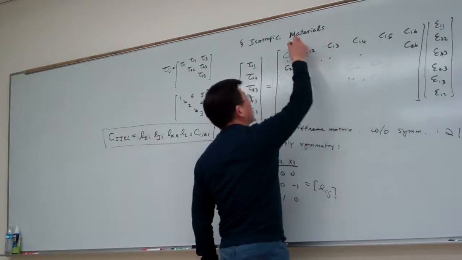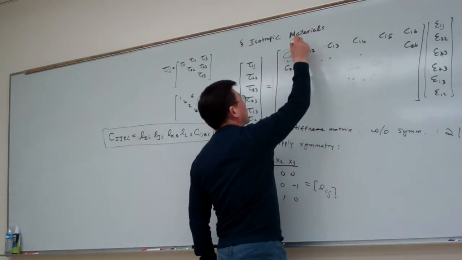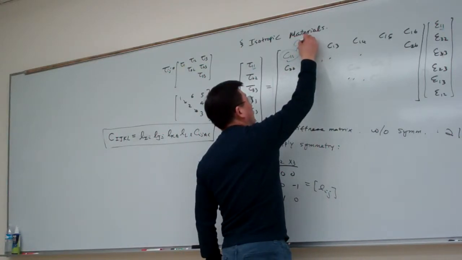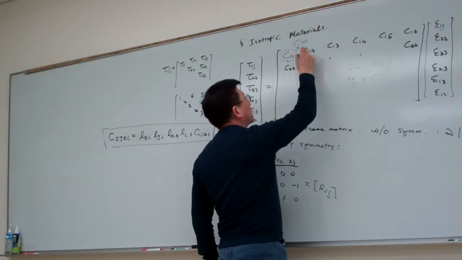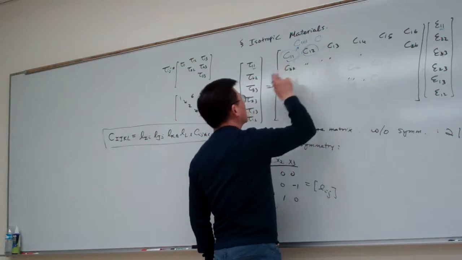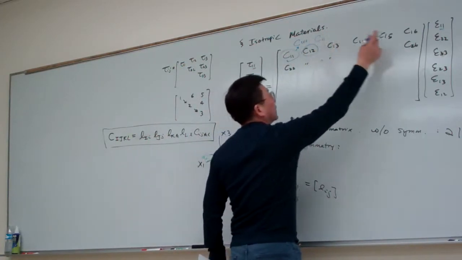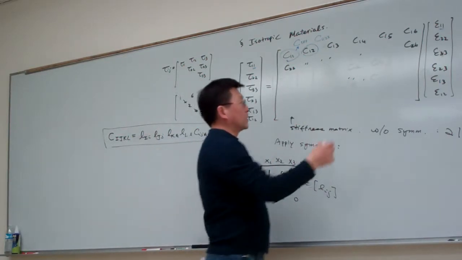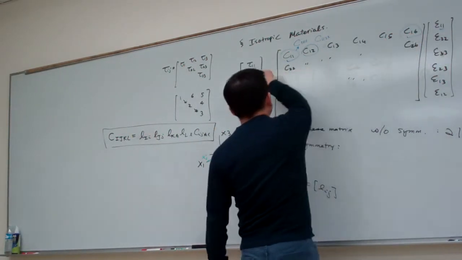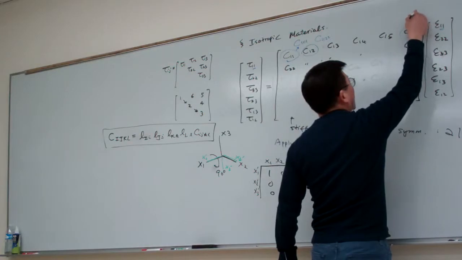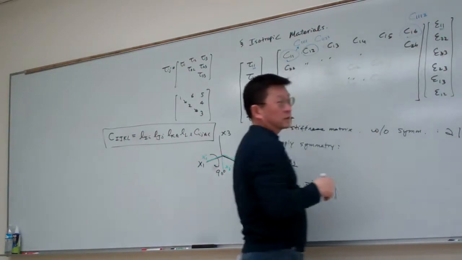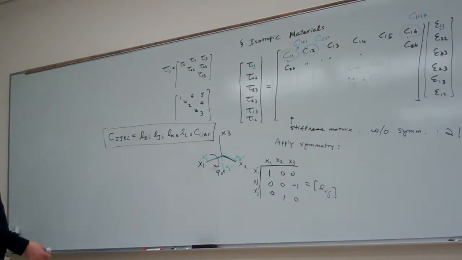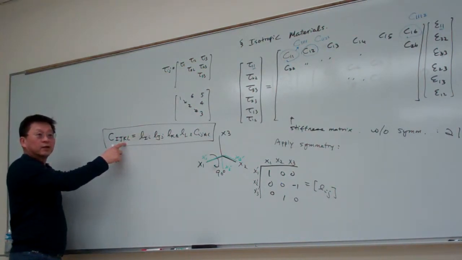This one converts back to the primitive 1122, etc. For example, C11 relating to 12 is C1112, etc. So you convert back to the primitive notation, then you can apply this.